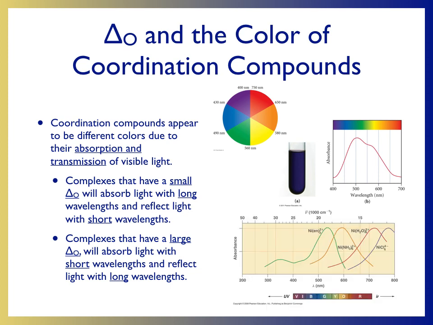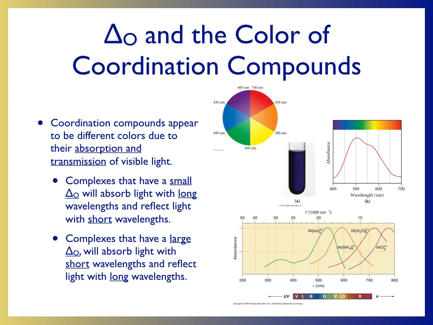Here's an example of how the spectra of a complex ion can be affected by different ligands that are placed on it. This figure shows different nickel complexes with different ligands. You'll see that the complex ion formed between nickel and chlorine has an absorption peak at a longer wavelength.